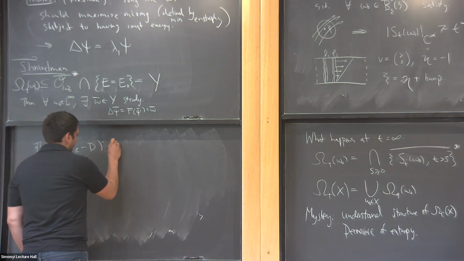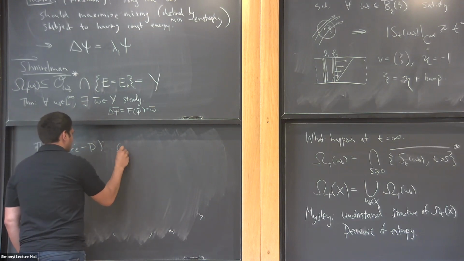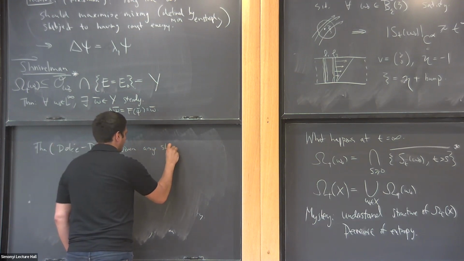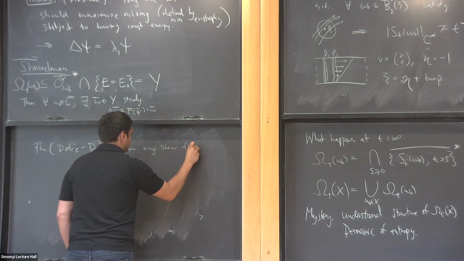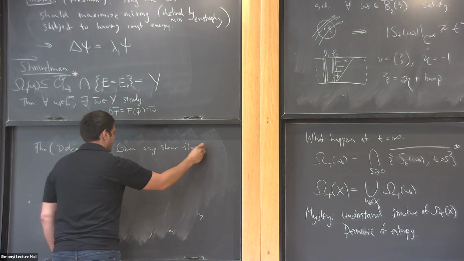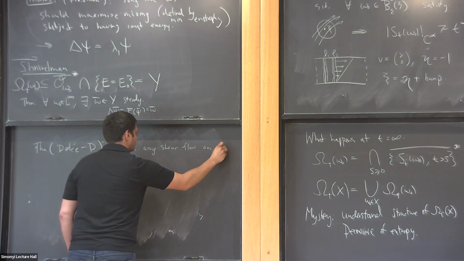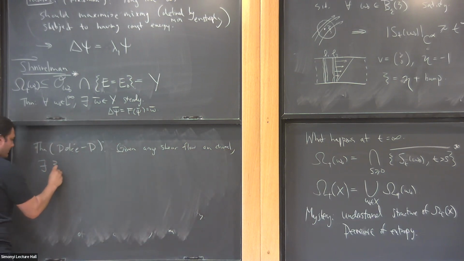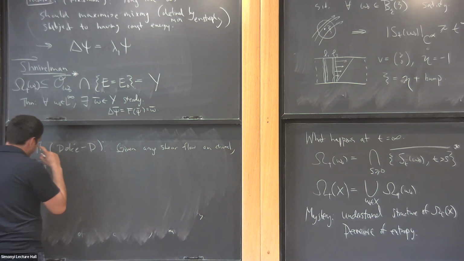Namely, we say, given any, say, shear flow, that's not important for the statement, but conceptually it's nice. So say given any shear flow on the periodic channel, there exists a nearby point in L1.